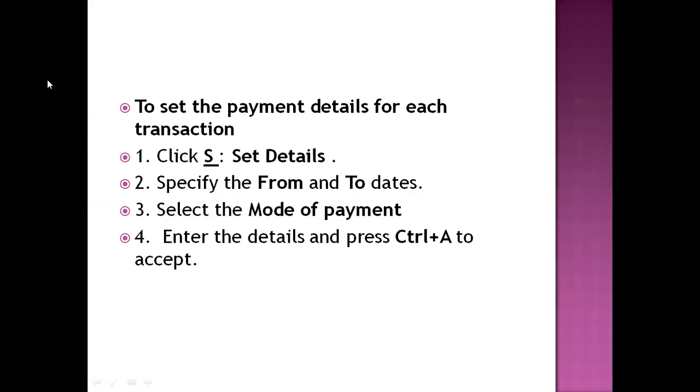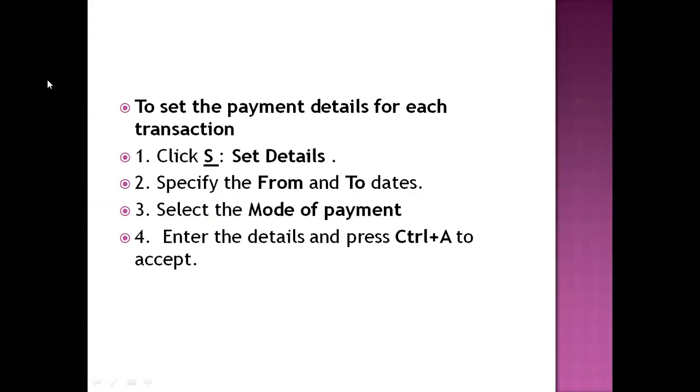Now, to set the payment details for each transaction, click Alt S to set details, specify from and to dates, select the mode of payment, enter the details and press Ctrl plus A to accept it. This is the way to set the payment details for each transaction in the Challan reconciliation report.